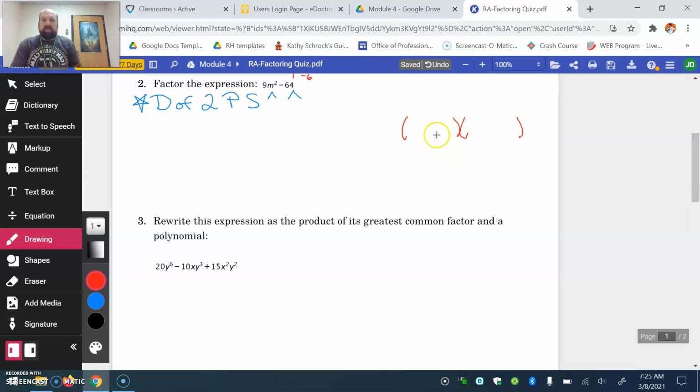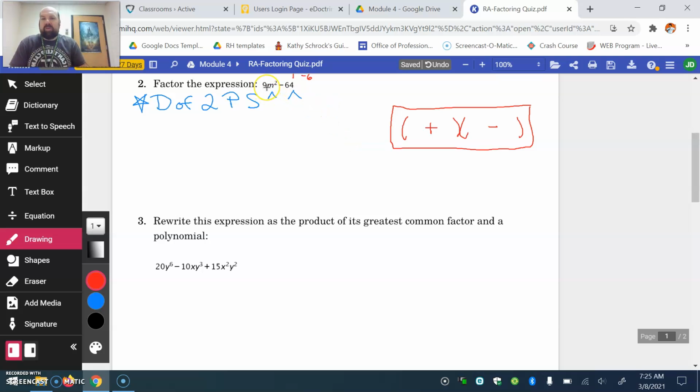There's going to be something here, and then an addition, and something here, and a subtraction. When you're done, put a box around your answer so I can tell which one it is. Make sure you show the work for how you found what goes here. Whatever is in this first part is going to be the same over here. Whatever's in the second part is going to be the same over here.